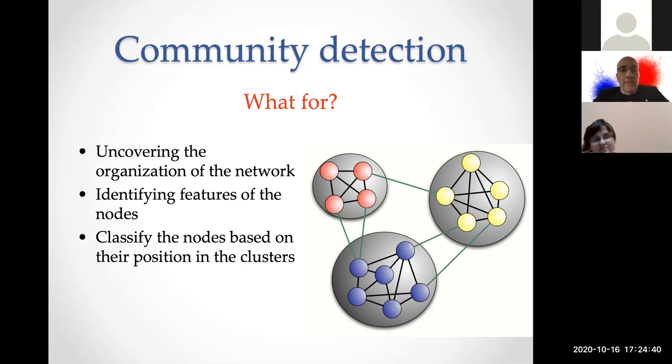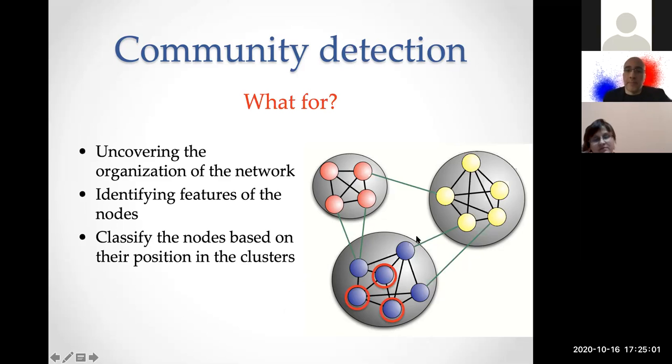You want to identify the features of the nodes, because you assume that groups of nodes indicate that the nodes have similarity, so that they may share some features that can be revealed by the topological organization. You may also classify the nodes based on their position in the classes.